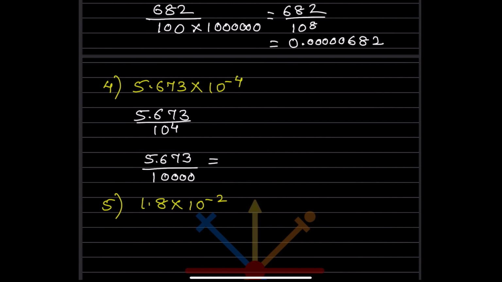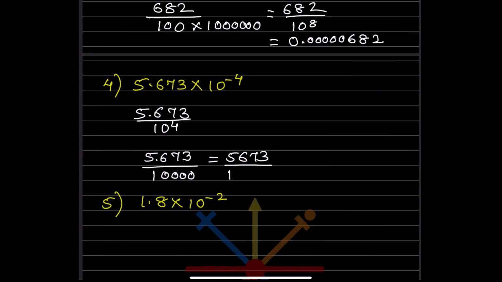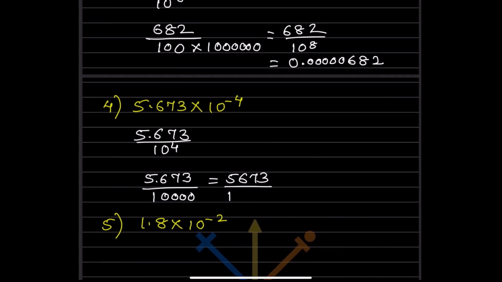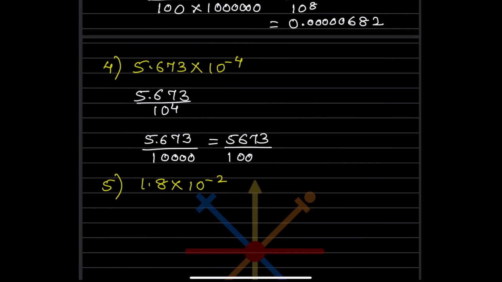For this one, 5.673, you can write 5673 divided by, how many are there? 3 numbers. You are going to put that here, because we are removing the decimal, and multiply by this part, that is 4 zeros. So this will be 1, 2, 3, 4.